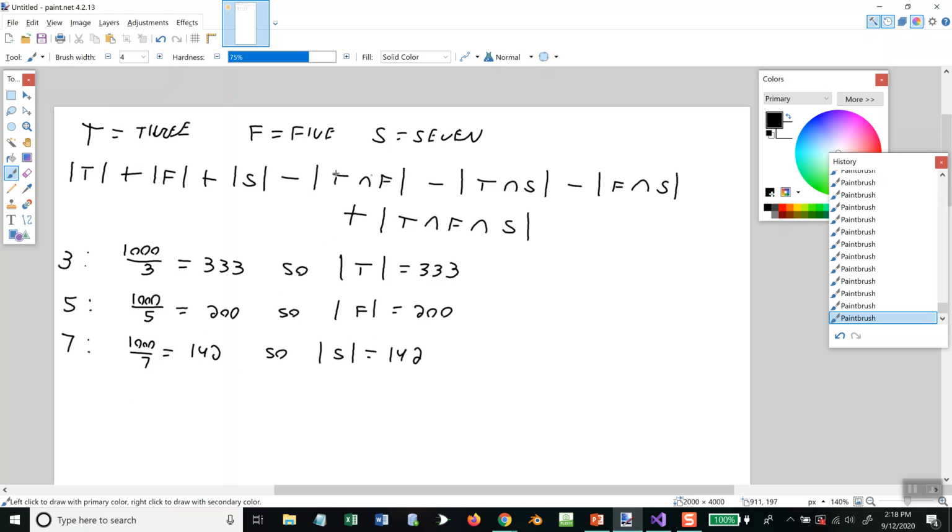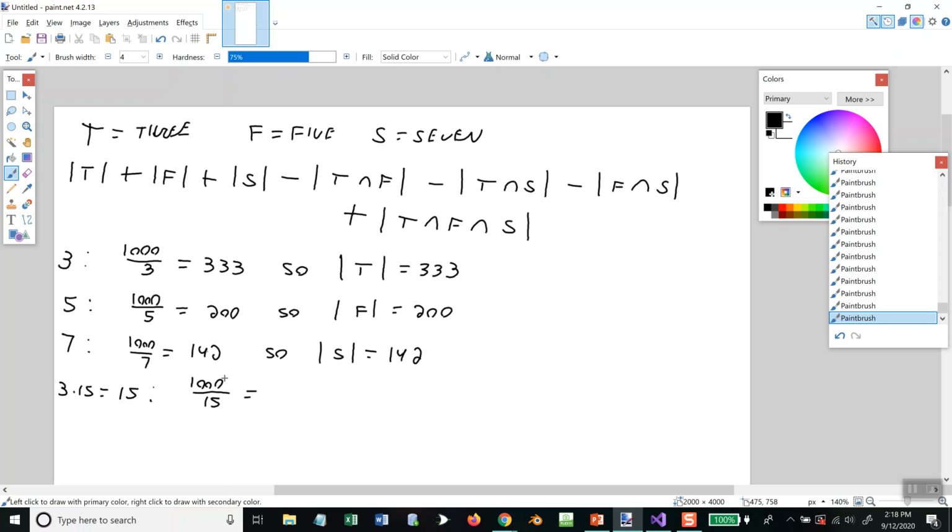Now the next one, I'm just going down the list here, T, F, and S. The next one's T and F. Now T is 3 and F is 5. So what we do is we take 3 times 5, which gives us 15. And then we do the same thing. Take 1,000 divided by 15, and we'll drop off any decimals.